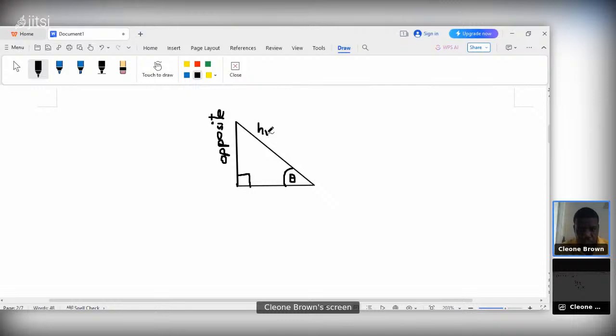Try to take note of that. Sometimes students get their information mixed up as to what the different sides are. So the hypotenuse faces the 90-degree angle, and it is the longest side. And that makes sense because on the triangle, the 90-degree angle would be the widest angle.